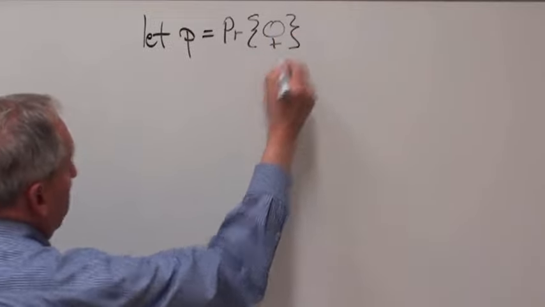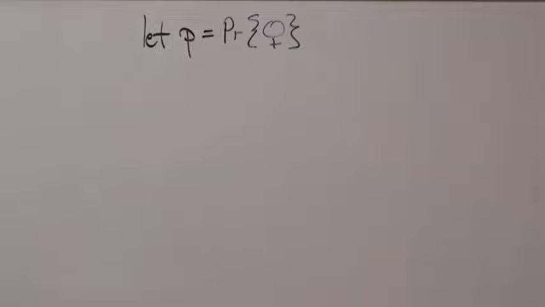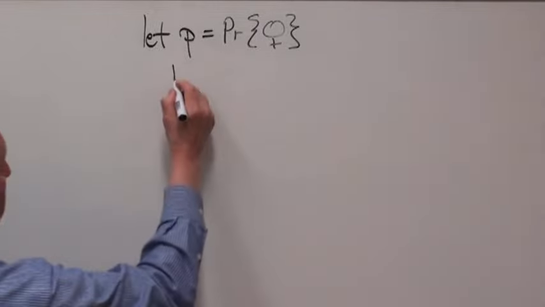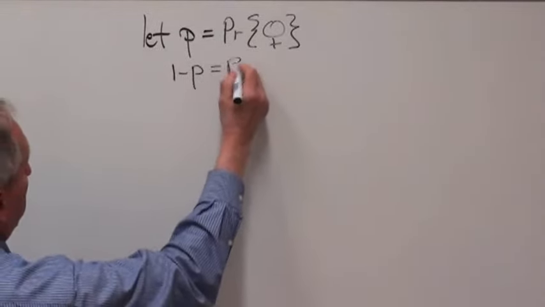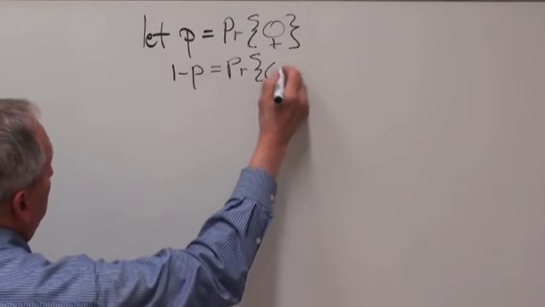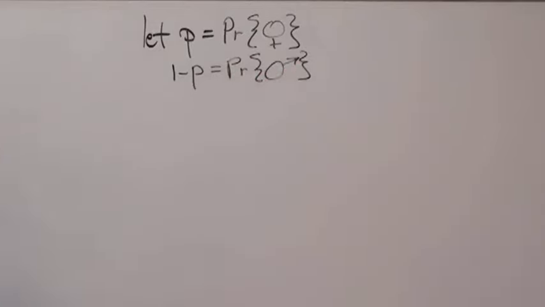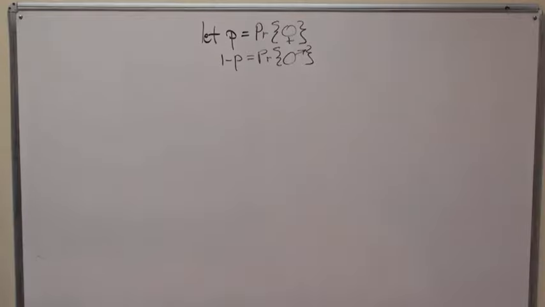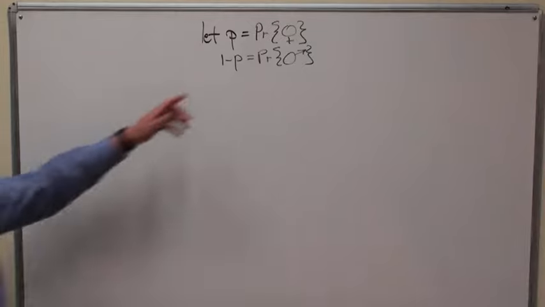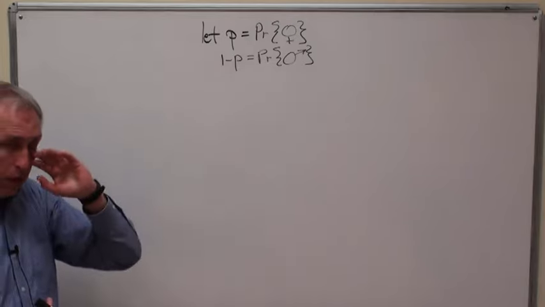Let's call it female, but whatever name they give to it, that's the name they give to it. And we'll let 1 minus P be the probability that the individual is the other type. So what this alien wants to bring back to their planet is an estimate of P. Okay, so how are they going to do this?